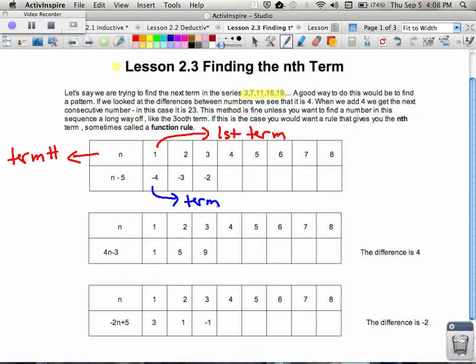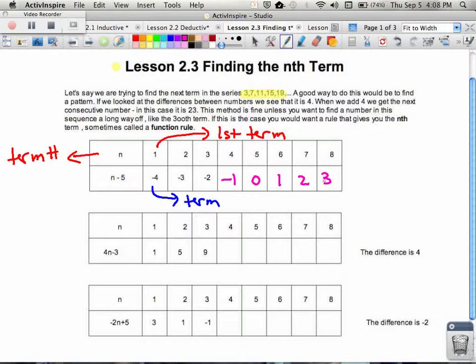As I look at this first chart, it says the first term is -4, the second term is -3, the third term is -2. If you notice the pattern, every single time I'm going up by 1, so the next one would be -1, then 0, then 1, then 2, and then 3.